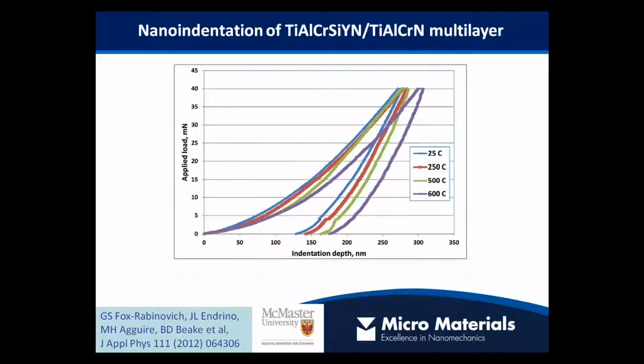And this is an example where we really do have to use the cubic boron nitride indenter. So we're going up to 600 degrees Celsius here, and in actual fact this rather complex coating system, which was made at McMaster University in Canada, has actually retained a hardness of about 22 gigapascals even up at 600 degrees Celsius.